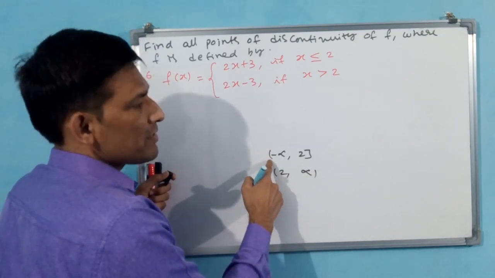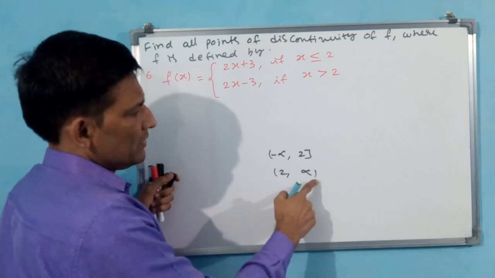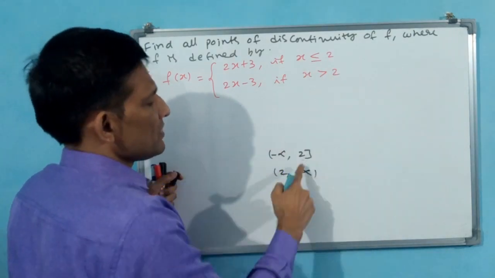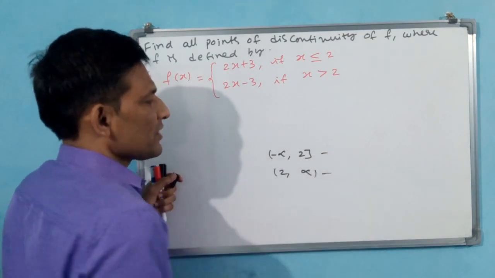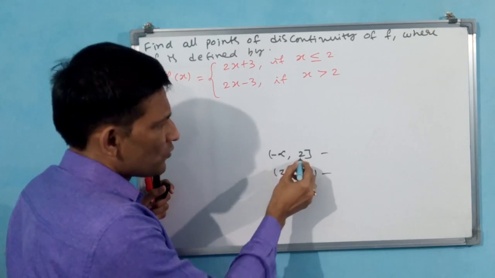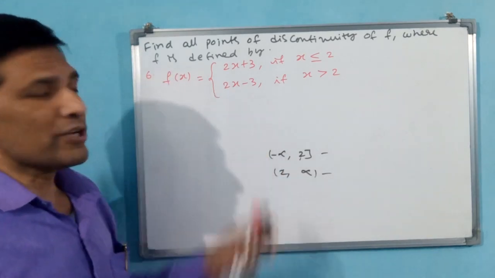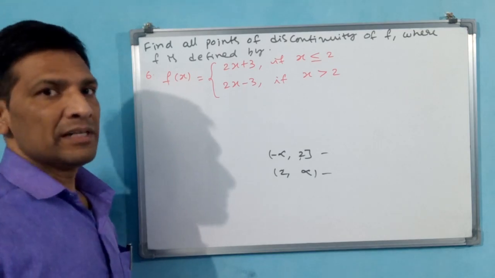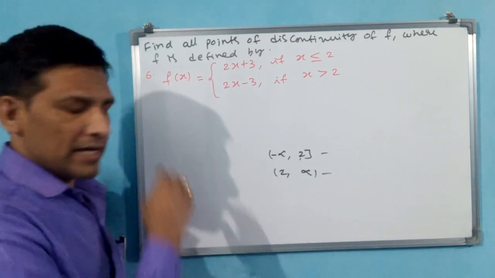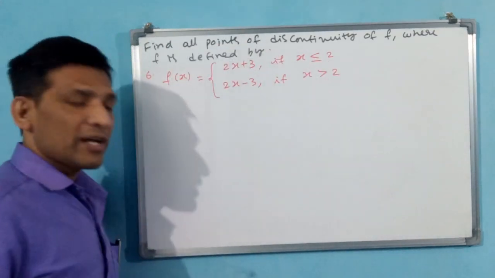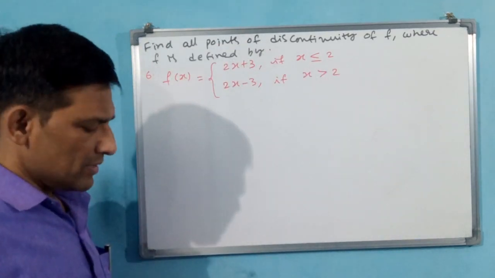Infinity is always an open interval, you see. And 2 is a closed interval, because equal to is there. This is continuous, this is continuous. That means if at all the discontinuity is there, it is at 2. At 2 only discontinuity may be there. Then we have to check discontinuity at 2 only. Like that you have to understand. Okay. Let us see. That means directly we will check the continuity at 2. That's what I wanted to say.